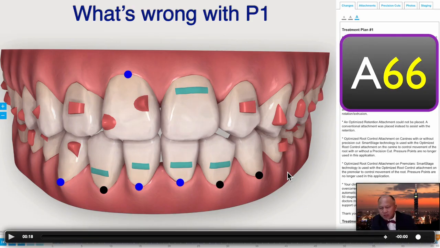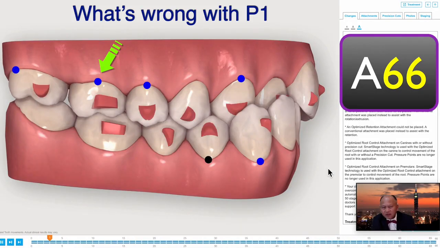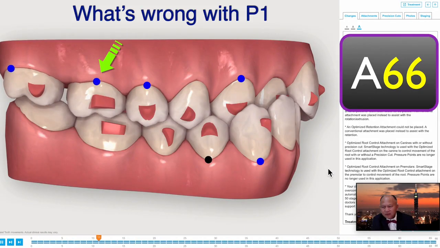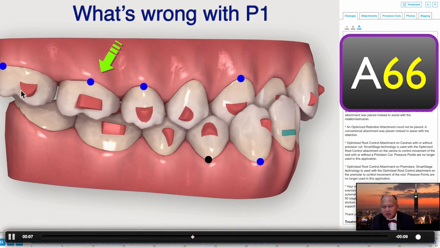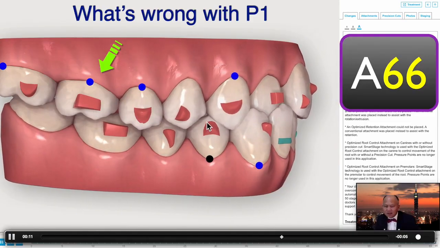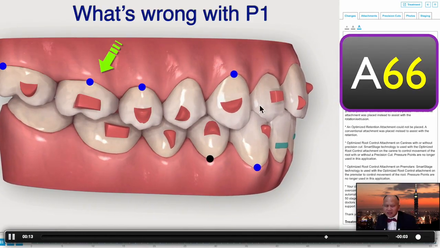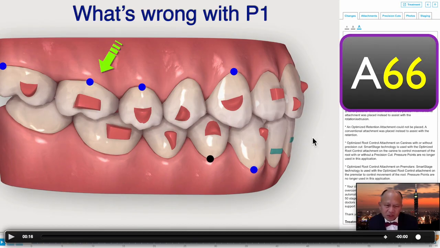So what's wrong with this plan 1, plan number 1? Watch carefully. Plan number 1. The engineer will start with this side, and once he gets a space, he corrects this crossbite and midline. What's wrong with this ClinCheck?